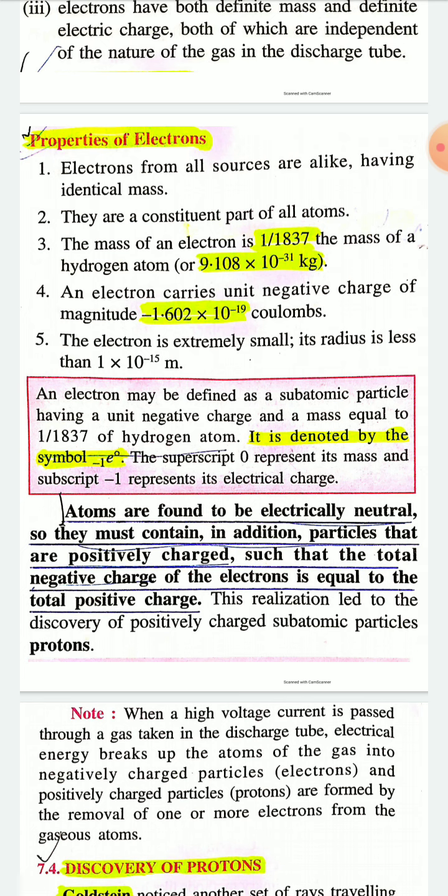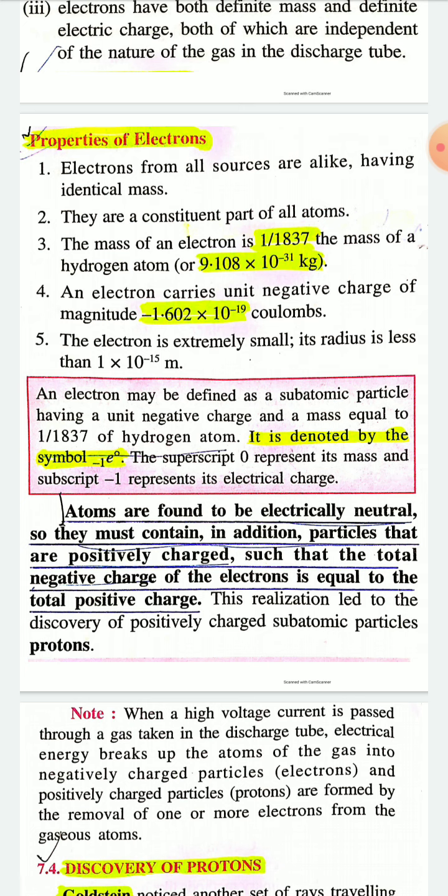Now, properties of electrons. Electrons from all sources are alike, having identical mass, and they are constituent parts of all atoms. The mass of an electron is 1 by 1837 part of the mass of a hydrogen atom, and in the SI system the mass of an electron is 9.108 into 10 to the minus 31 kg.